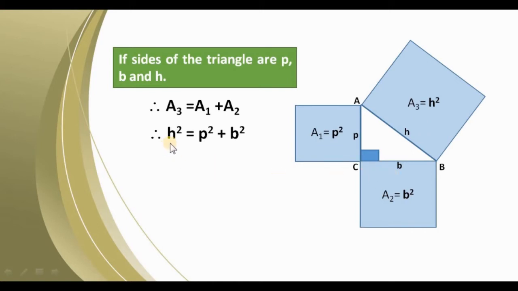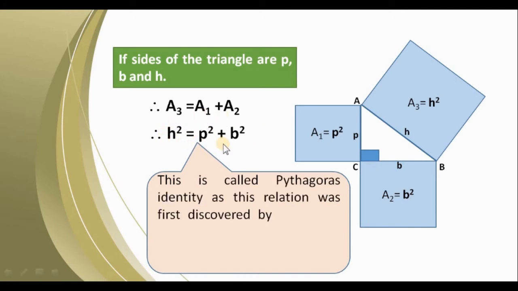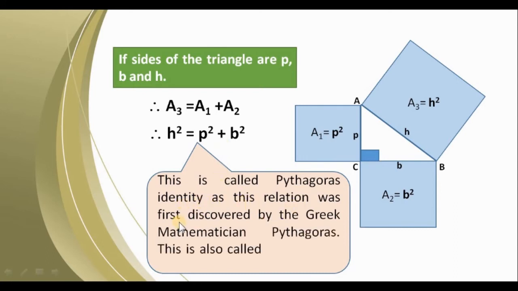So we can write H square equal to P square plus B square. This is called Pythagoras identity, as this relation was first discovered by Greek mathematician Pythagoras. This is also called Pythagorean triple.